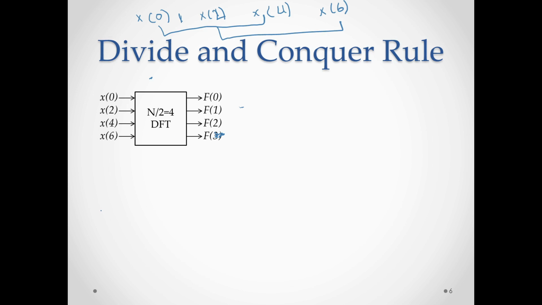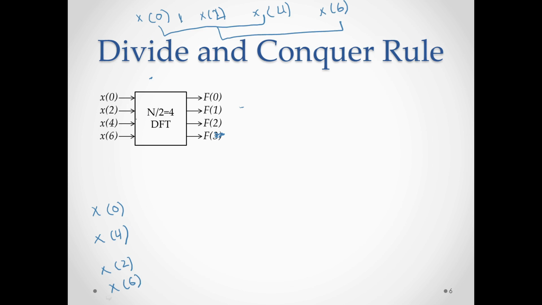So if we represent our system into separate even and odd entries, our even entries would be x of 0 and x of 4, whereas our odd entries would be x of 2, x of 6.